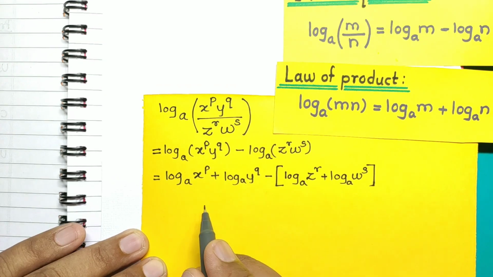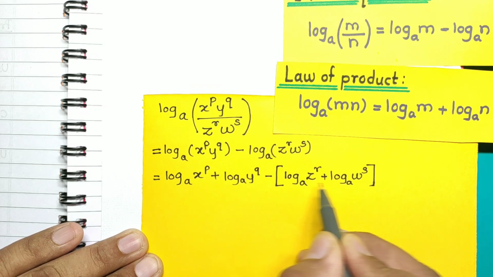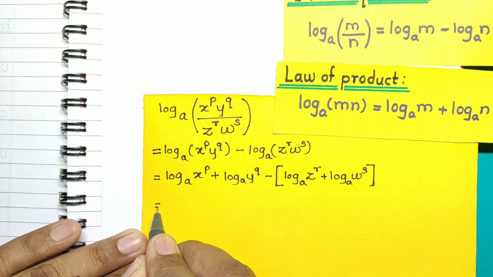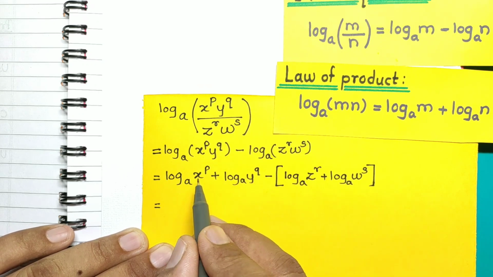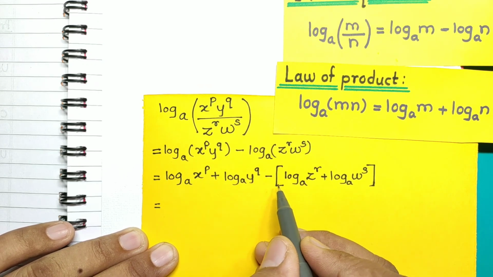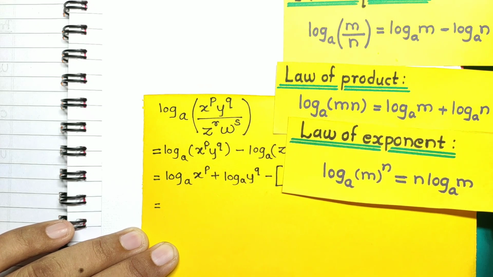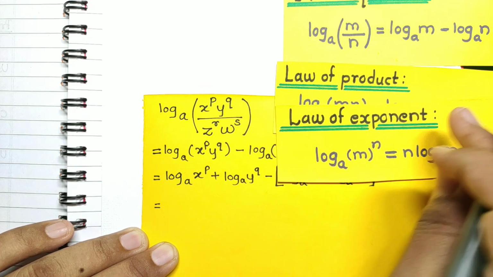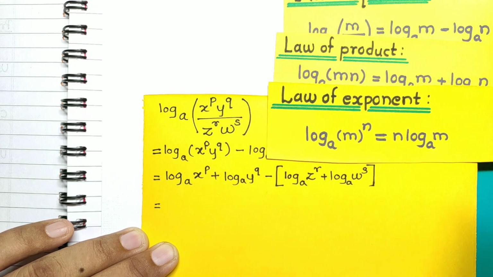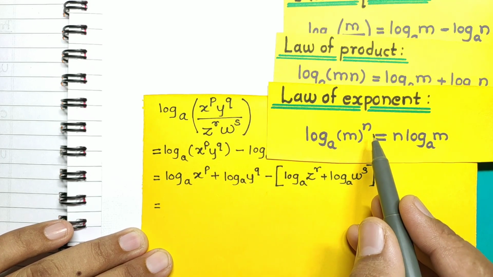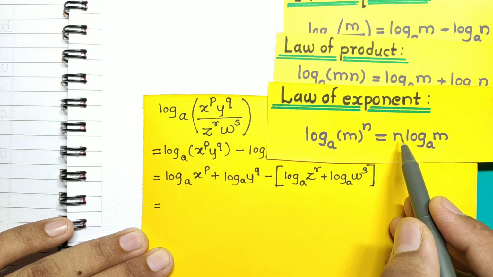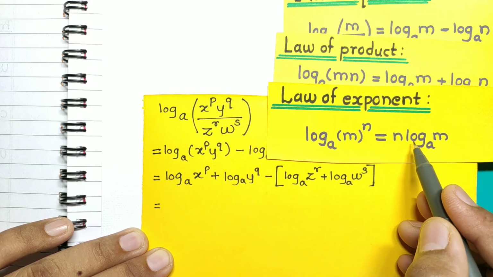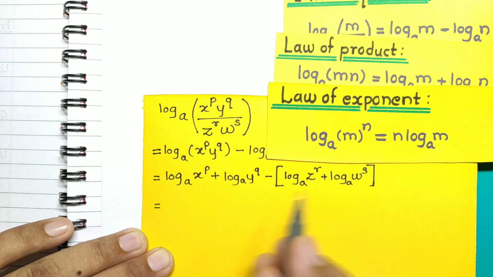Okay. Now see, these four logarithmic terms contain terms which are raised to some powers. So here we can use the law of exponent. The law of exponent is, when we have log of m raised to n, we write it as this power multiplied to the logarithmic term, so n into log of m to the base a.